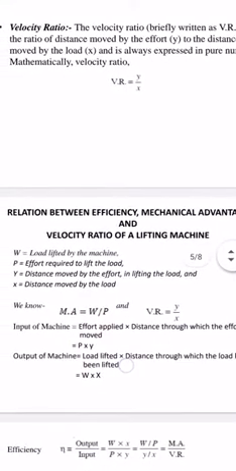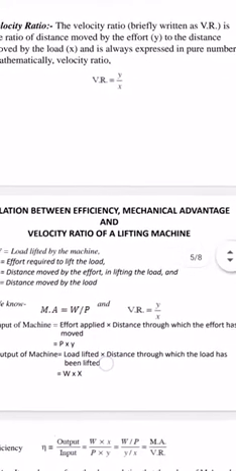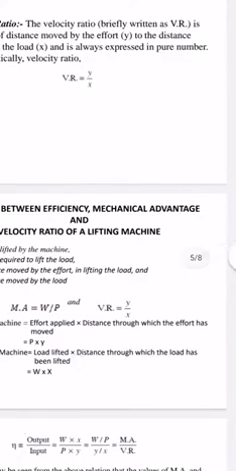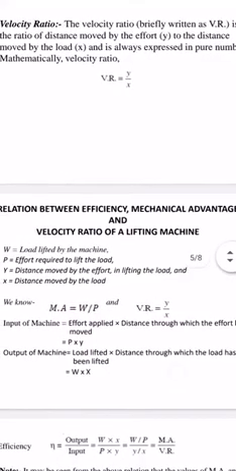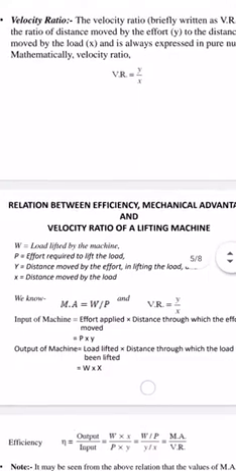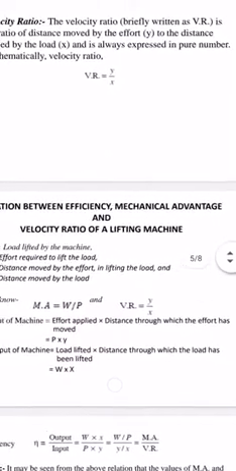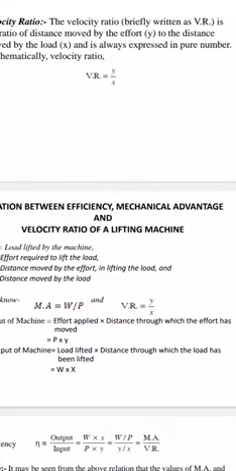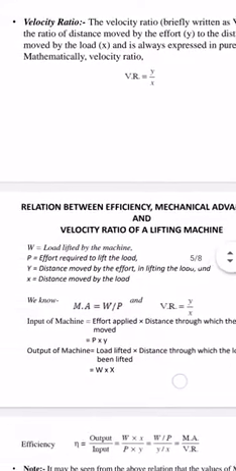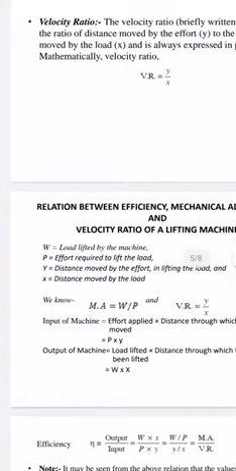Here the effort applied is P, and the distance moved by the effort is Y. So the input of the machine is P into Y. Output of the machine is the load lifted into the distance through which the load has been lifted. Load lifted is W, and the distance through which the load is lifted is X. So W into X is the output of the machine.